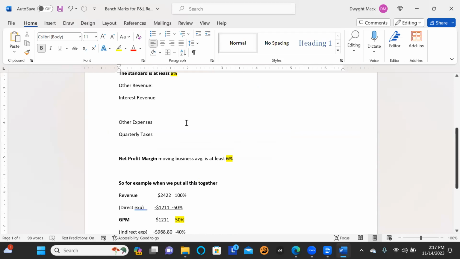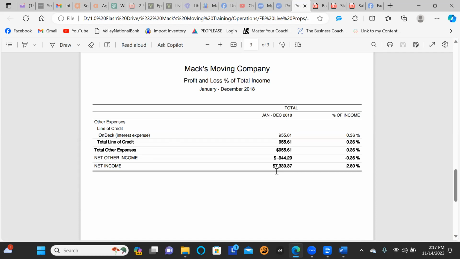But because of our general expenses, that hindered that. So basically it only left us with, at the end of this period, let's say $7,300, which wasn't very much. So that's basically the P&L statement in a nutshell.